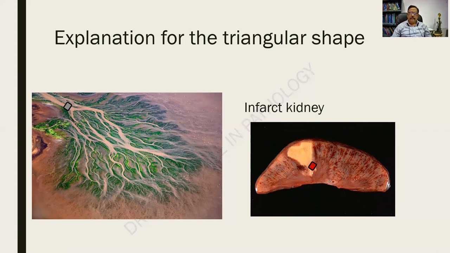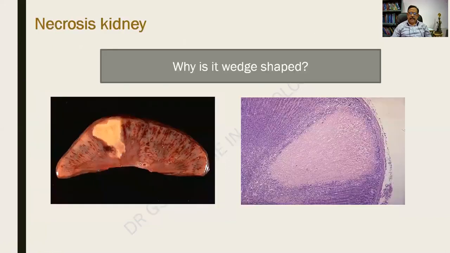After all, what is an infarct? An infarct is an area of localized necrosis caused by the sudden, complete, and irreversible occlusion to the vascular flow. This I shall go to in detail when I come to the general pathology.